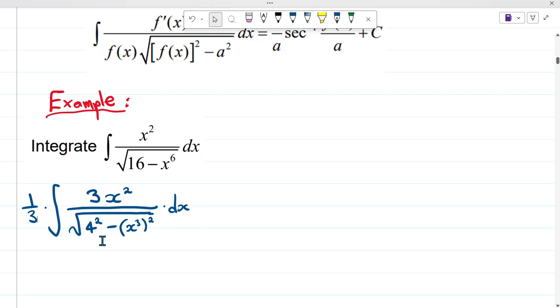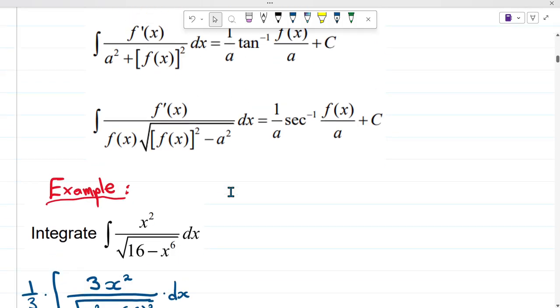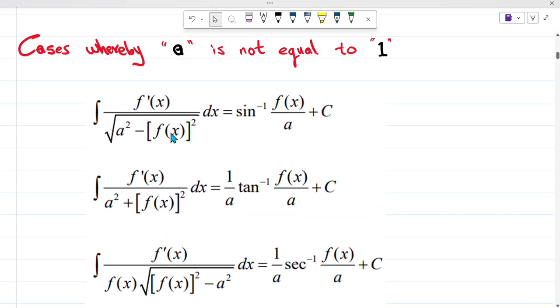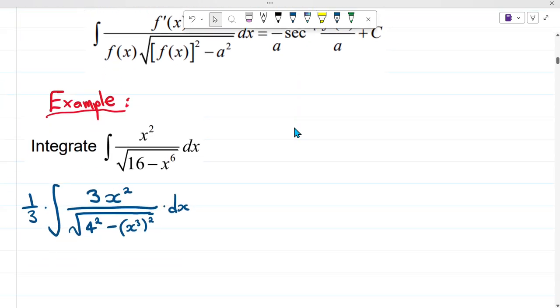So when we check this format of 4 squared minus this squared, with the derivative of this on our numerator, which one is it? It's the first one, right? So we conclude that this integral is equivalent to, and this 1 over 3 must go to the answer as well, 1 over 3 sine inverse of this over a.